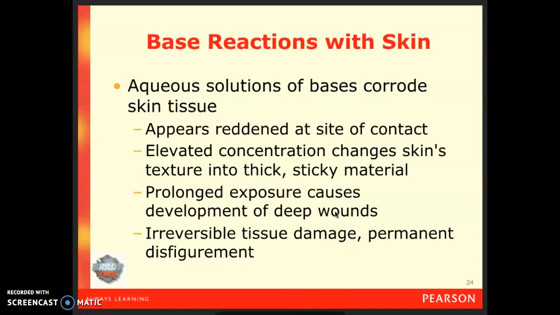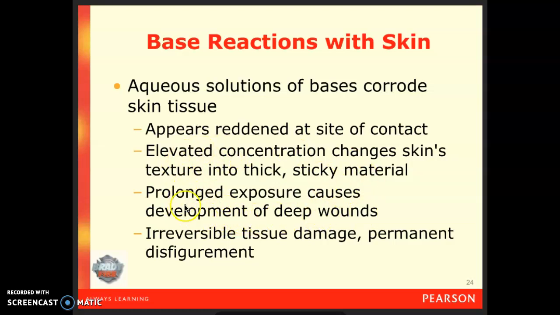But when bases react with your skin, a lot of this should look familiar. This is exactly the same thing that we use to describe acid contact. We start to see a reddening at the site of contact. Where it changes is the stuff in the middle. In acids, we started to see scarring. We started to see kinds of blistering, like what you'd see for a heat burn.